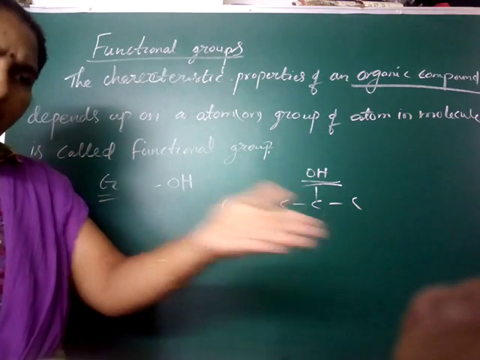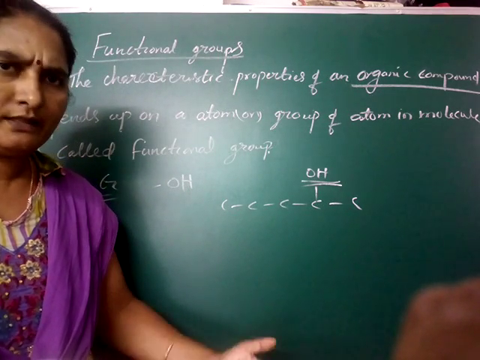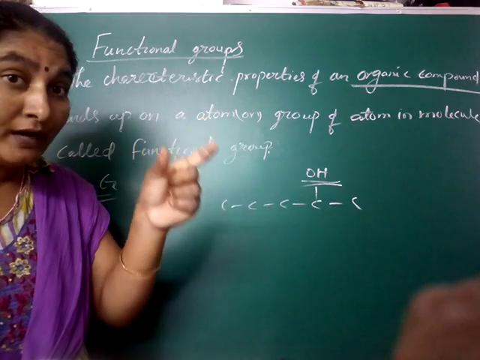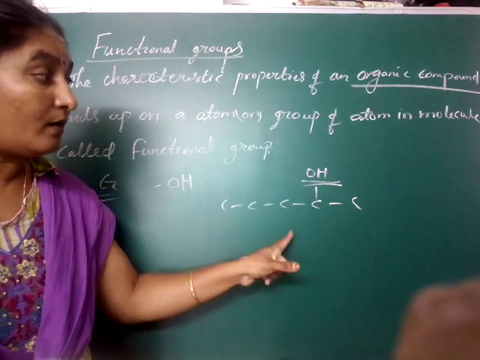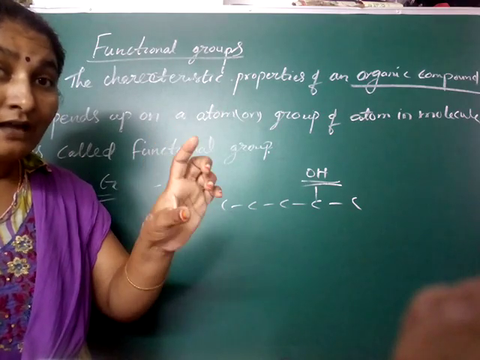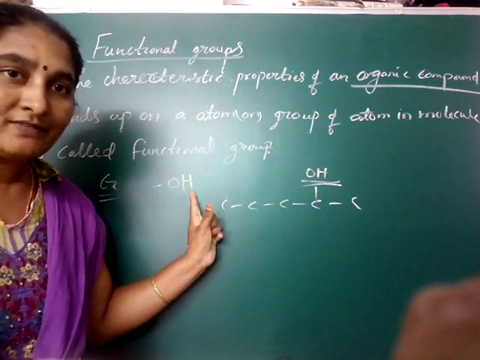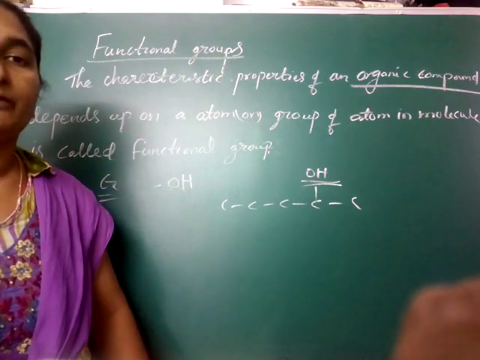Nowadays we are using alcohols as sanitizers in our daily life. If OH is present on the carbon compound, then it is called an alcohol. That means alcohols are characterized by the OH group present on it. That's why this is called the functional group.